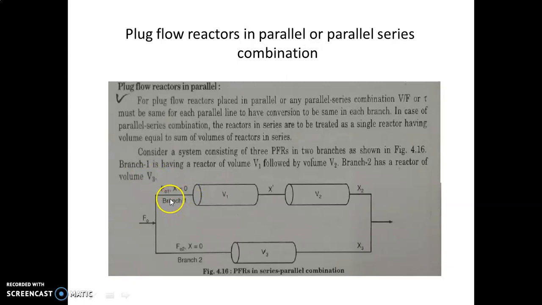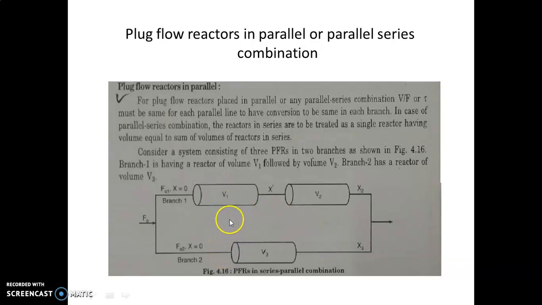Branch 1 consists of 2 plug flow reactors connected in series, and another branch contains the plug flow reactor which is connected in parallel to this branch.